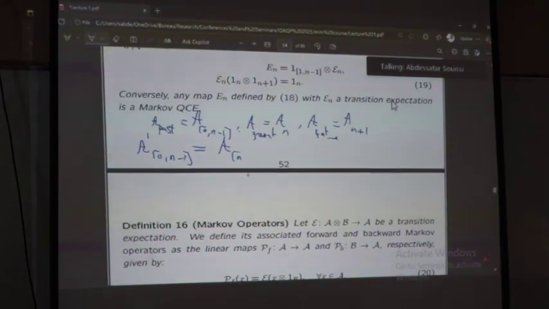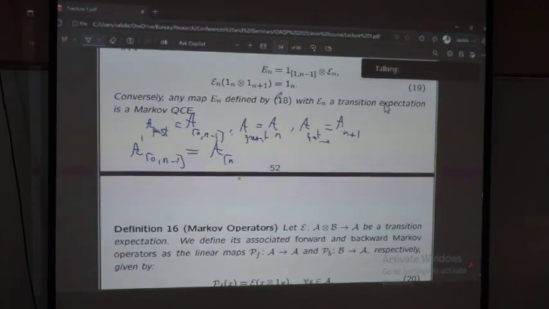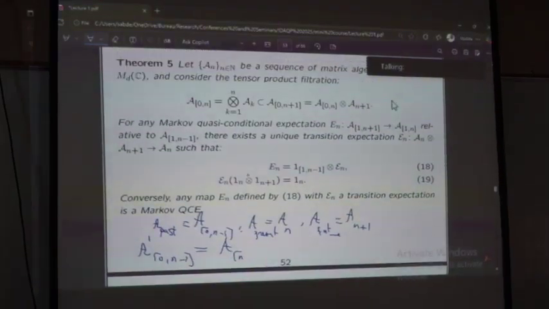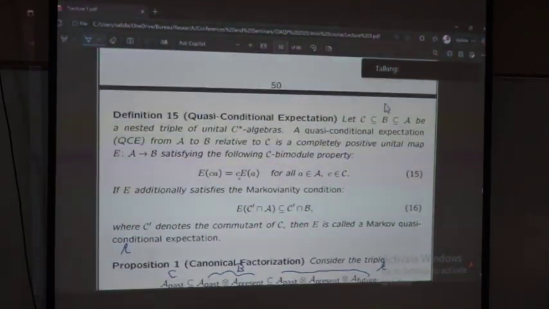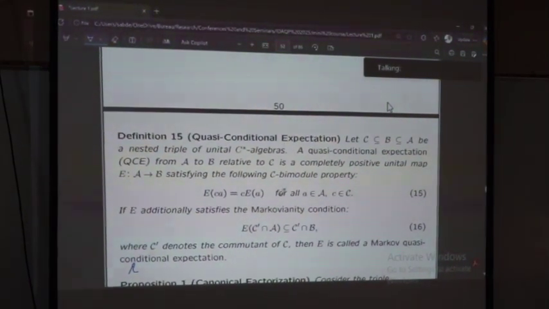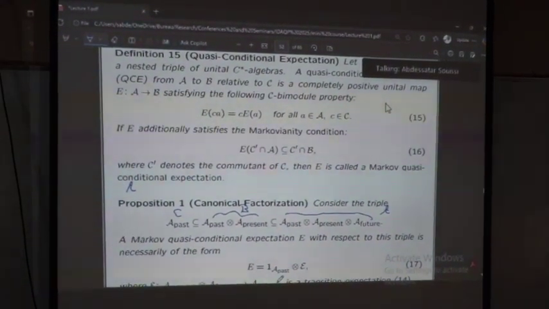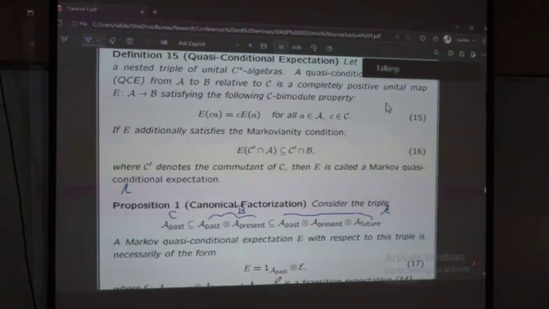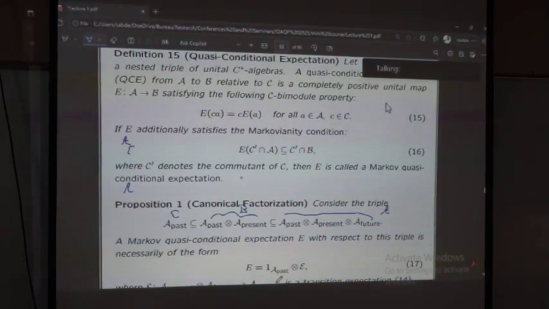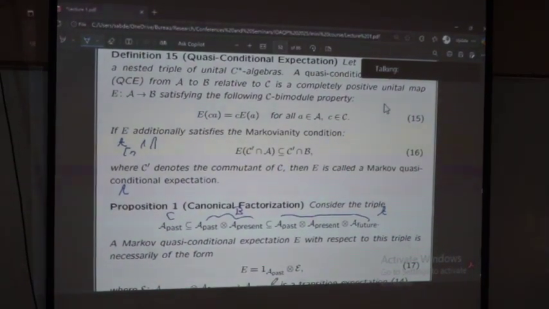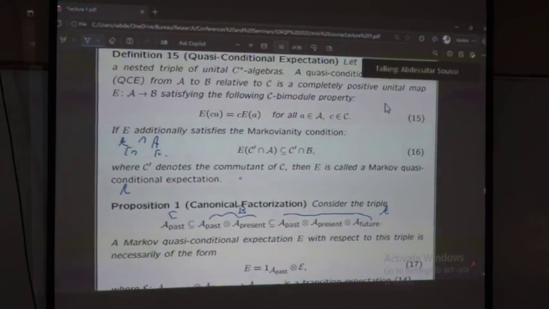Then it's the algebra from n to k. And if we apply this macro property, we have the component of C intersect the algebra A, which becomes A n intersect A0 left.